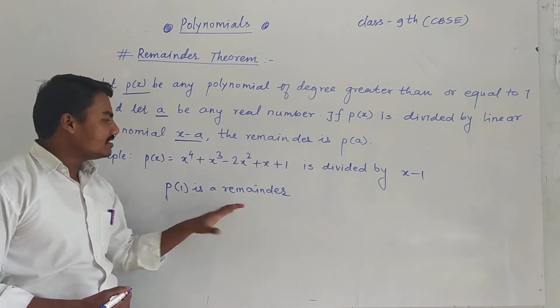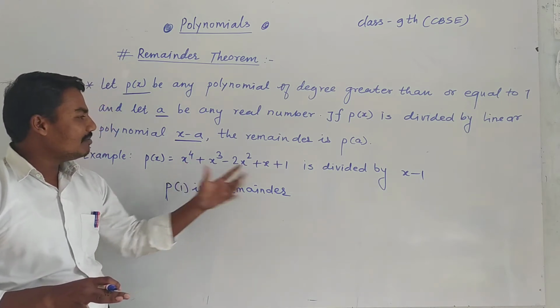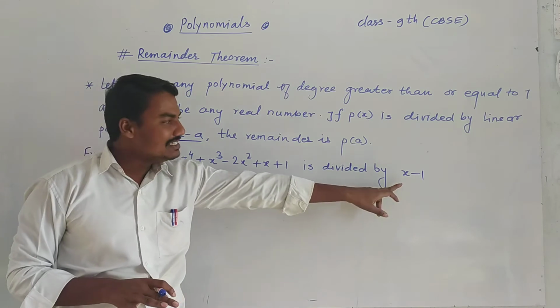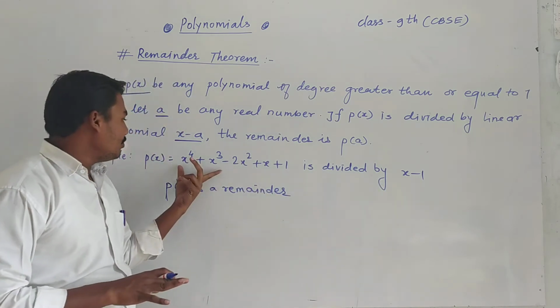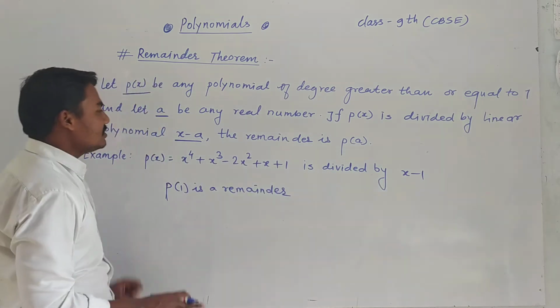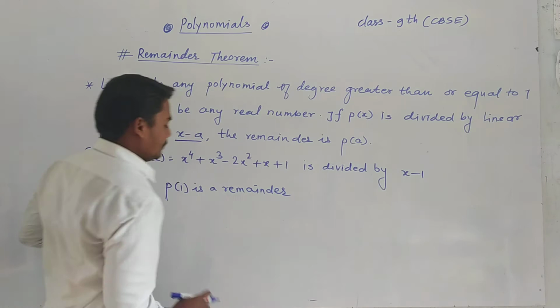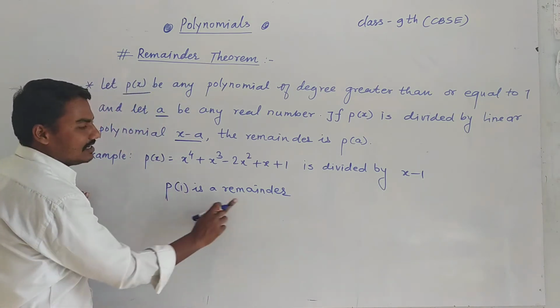So p of 1 is our remainder. When any polynomial is divided by a linear polynomial, the remainder is p of a.